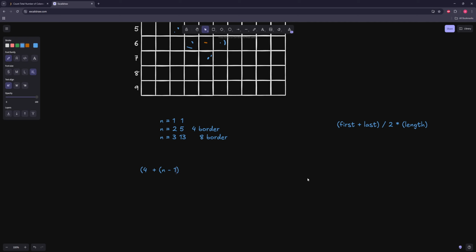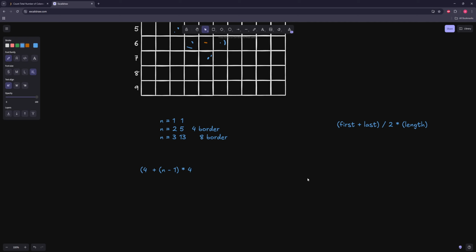If this is 3, what should this be? For 3, it should be 8. So what do we need to multiply by? I think just 4. So for 10, it'll be 9 times this thing, which is correct.